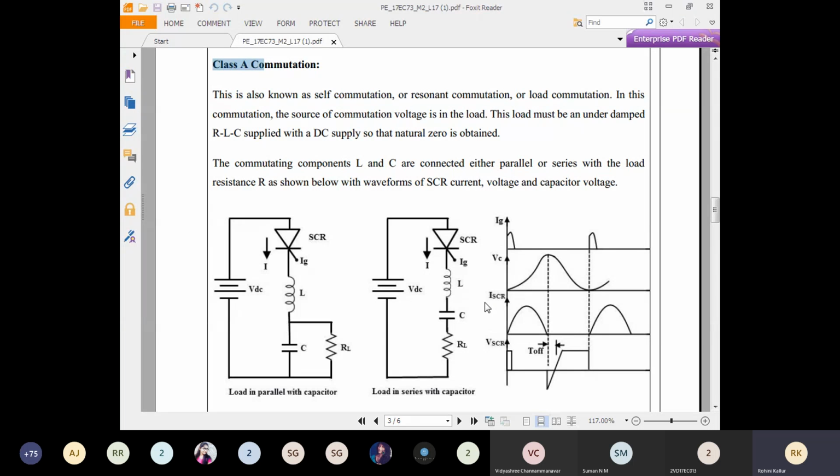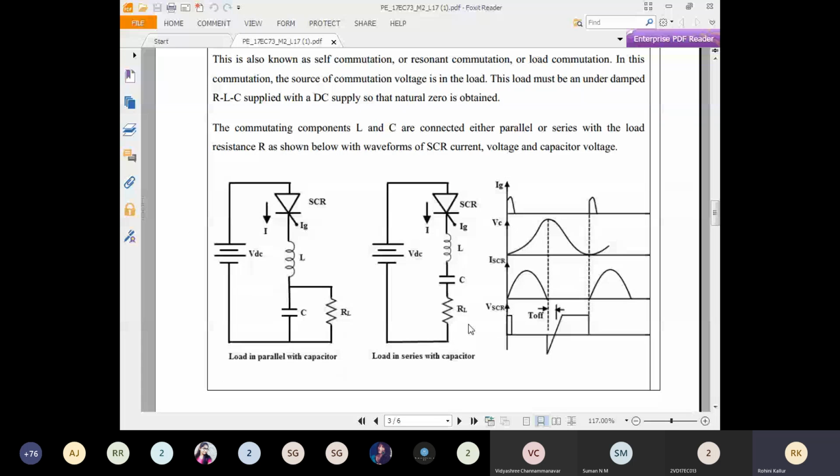Commutating components hold some amount of voltage whenever current is allowed to flow through them, and whenever the device is reverse biased, the same value will be given back. So this is the circuit arrangement and this is the waveform.